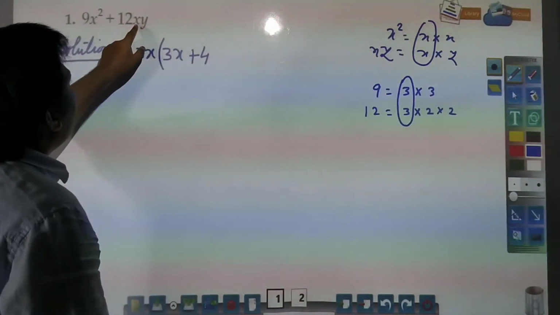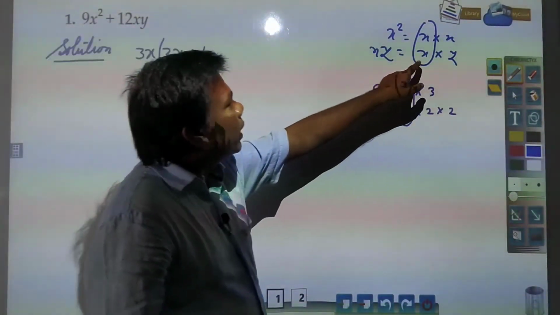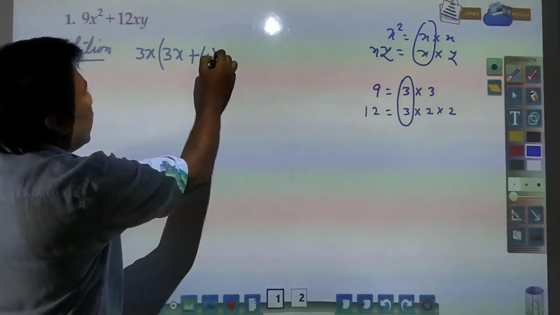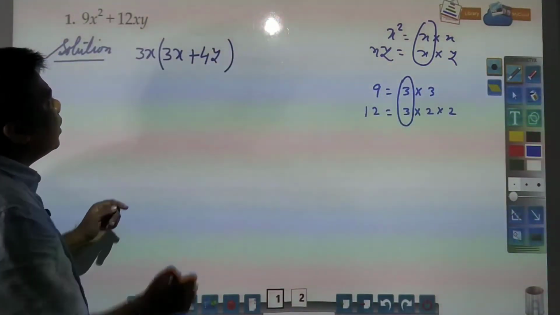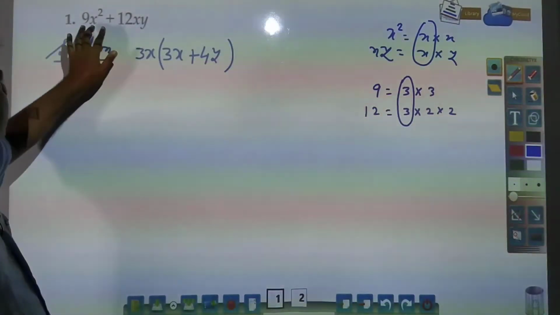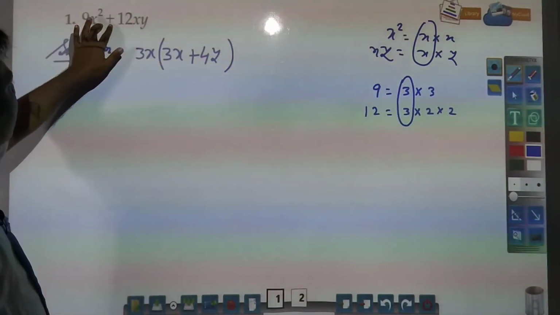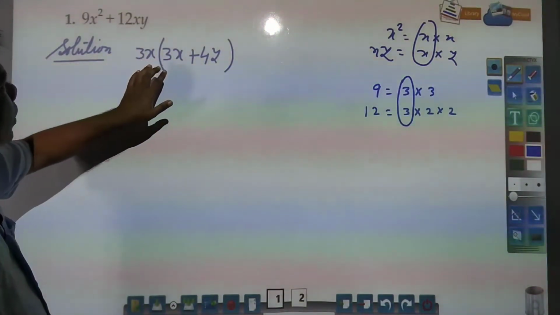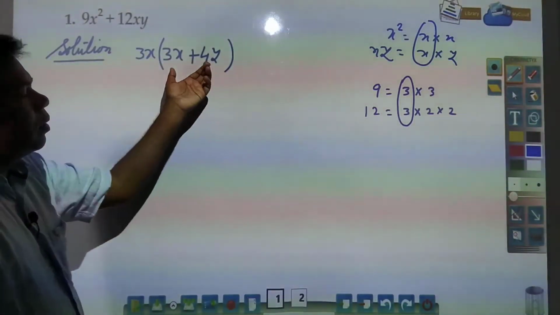And here you have xy, and in xy you have taken out x, you are left with y. So finally, if you take out common from 9x square plus 12xy, 3x is taken out and you are left with 3x plus 4y.